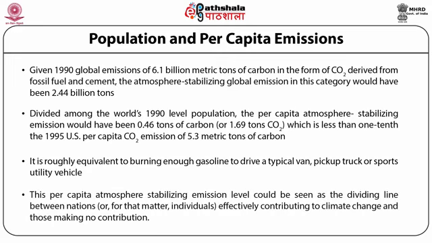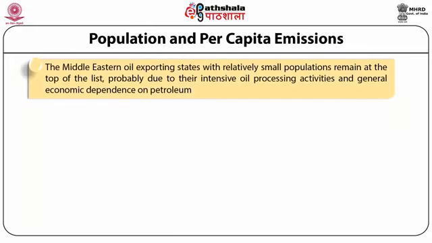This per capita atmosphere stabilizing emission level could be seen as the dividing line between nations, or for that matter, between individuals, effectively contributing to climate change and those making no contribution. The Middle Eastern oil exporting states with relatively small populations remain at the top of the list, probably due to their intensive oil processing activities and general economic dependence on petroleum.